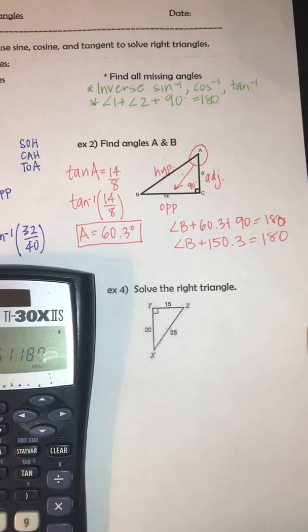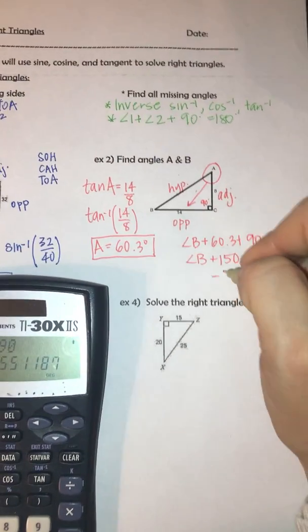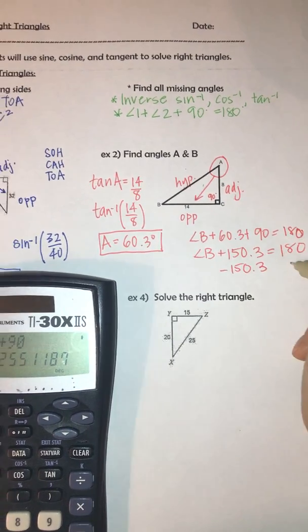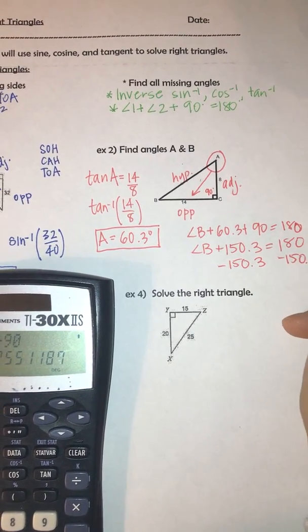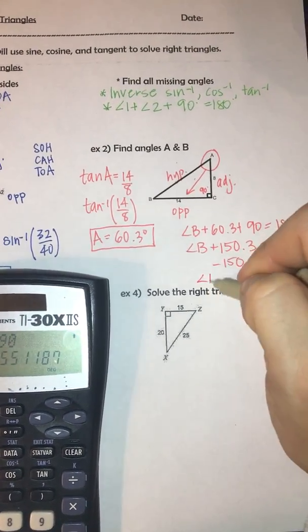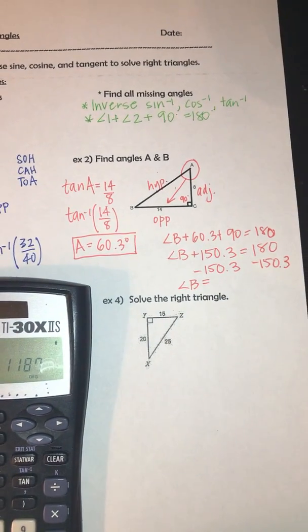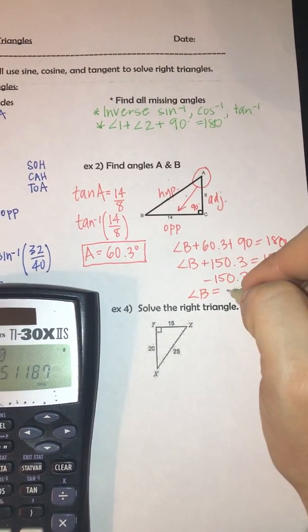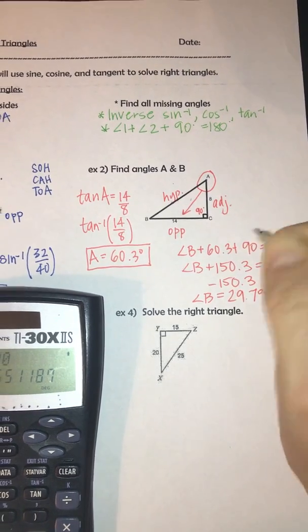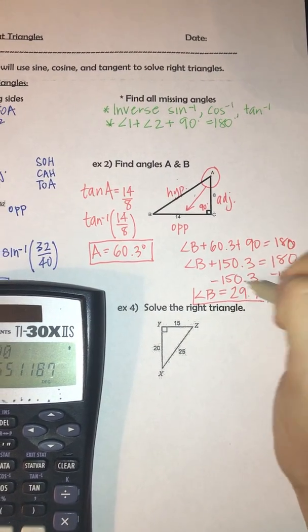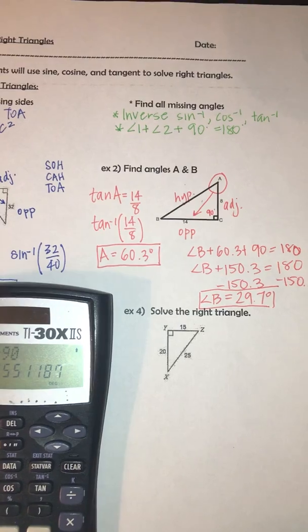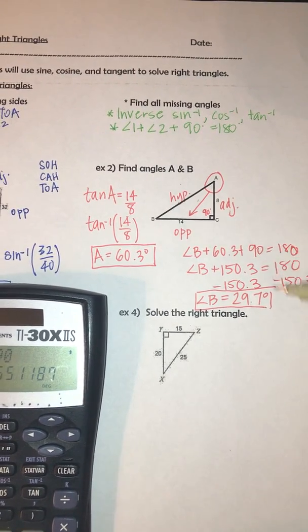And then I can subtract that 150.3. So if I know angle B, that'd be 29.7. So there's my third angle.